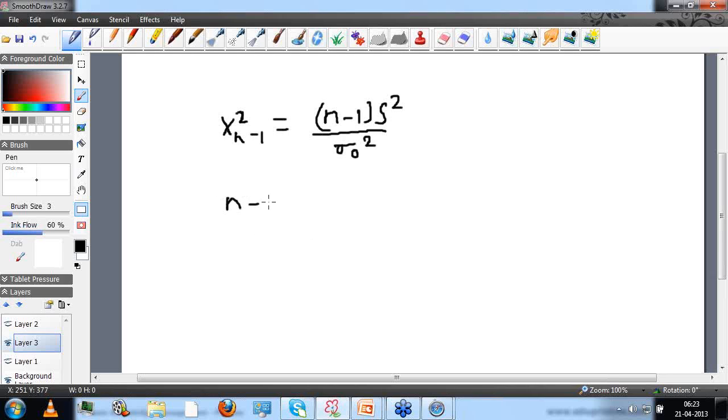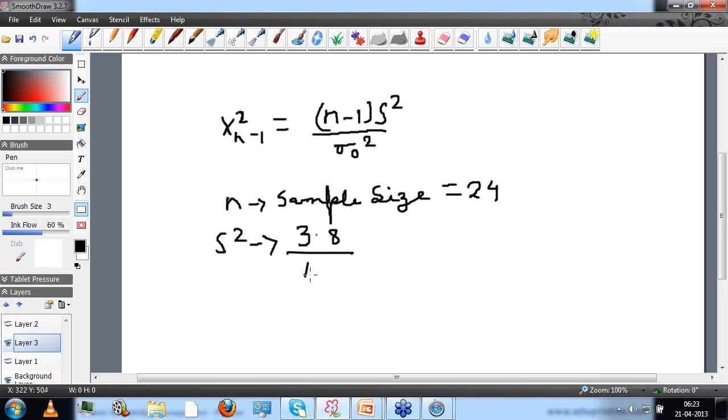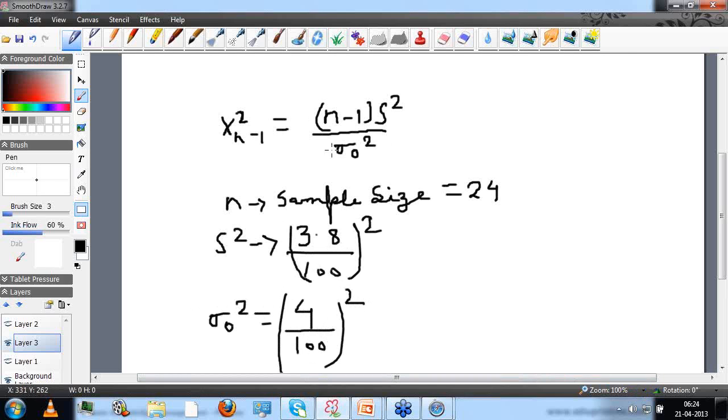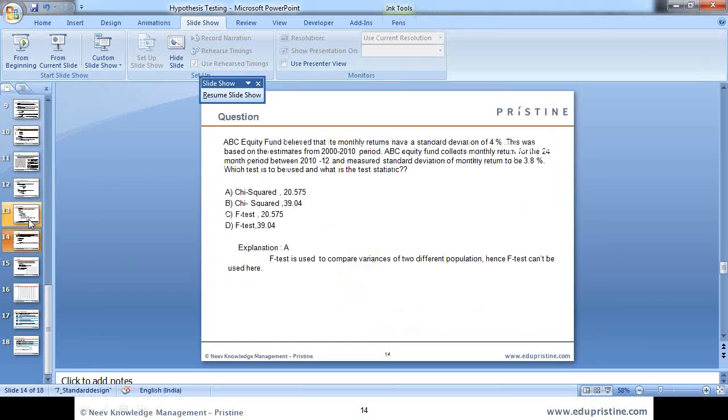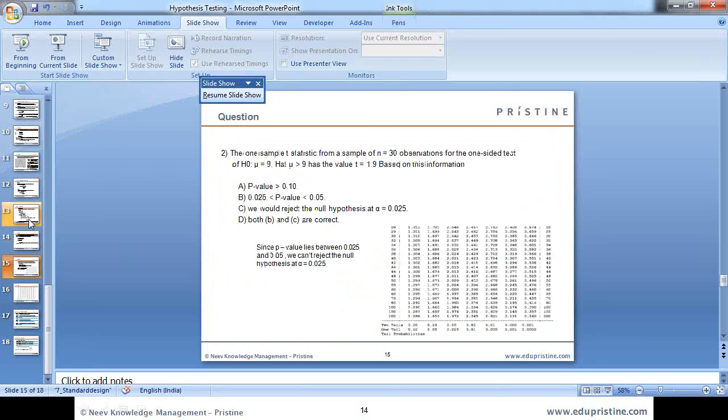In this case, n is the sample size, which is 24, so n minus 1 is 23. The sample standard deviation s is 3.8, and since it is in the form of a percentage, we square it, and the hypothesized sigma is 4, also squared. If we plug these values into this formula, we get 20.5 as our answer. So that answer would be option A.